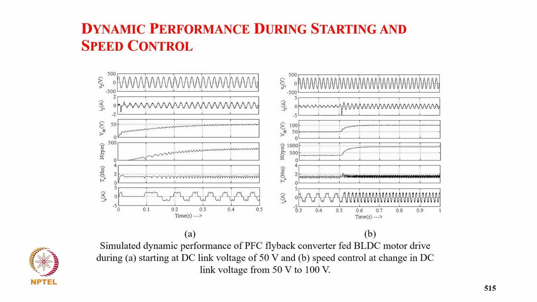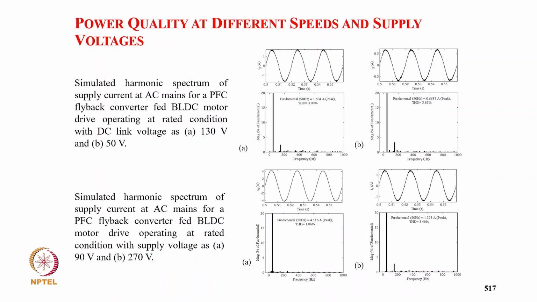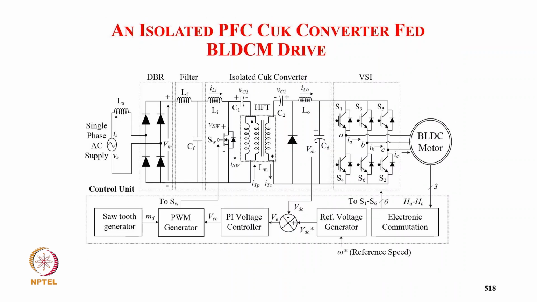And this is the simulated starting performance at 50 volt DC link, and then the speed control from 50 to 100 volt, and then a load change from 0.5 Newton-meter to 1 Newton-meter, and supply voltage change 270 to 170 volt, and typically your total harmonic distortion 3% to 1%, even quite low. It does not go more than 3.81% at different conditions.